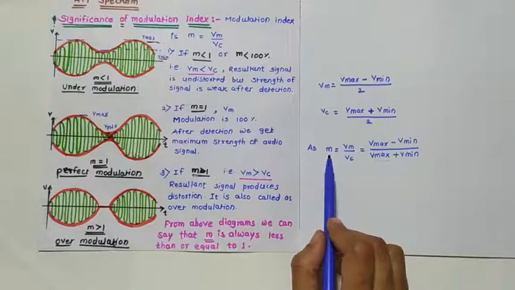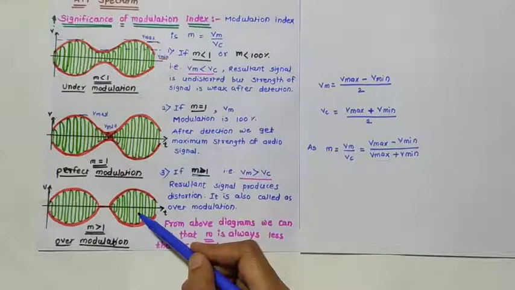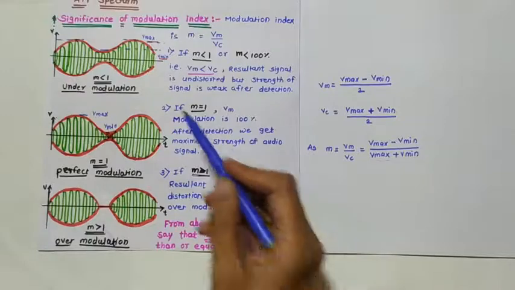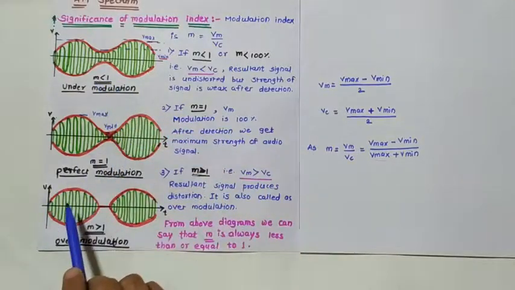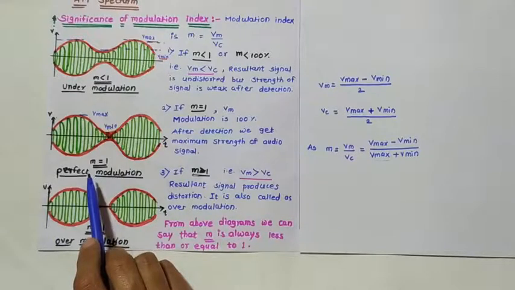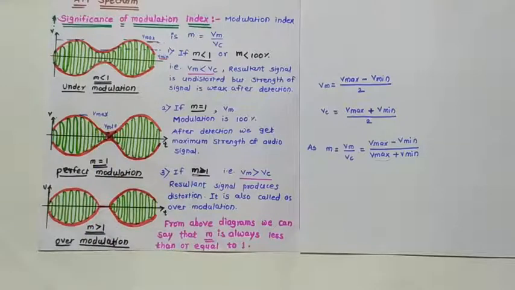So from these three diagrams we can conclude that m is always less than or equal to 1. At that time we get perfect modulation or undermodulation, and this is a desirable condition. But when m is greater than 1, we see distortion and here the negative peaks are clipped off.